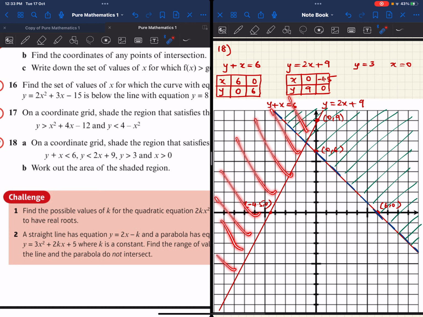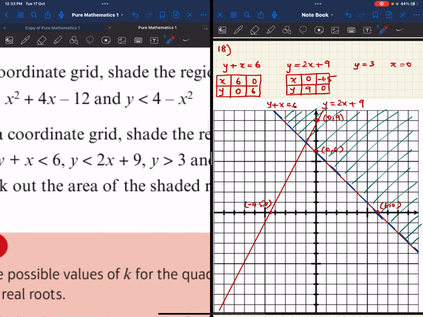So when it is an inequality, one of the regions is true. Now, since the point 0, 0 is not lying on the line, I can use this point as a test point. So if I plug in 0 here, for the second one, 0 is less than 2 times 0 plus 9. So 0 is less than 9, which is true.